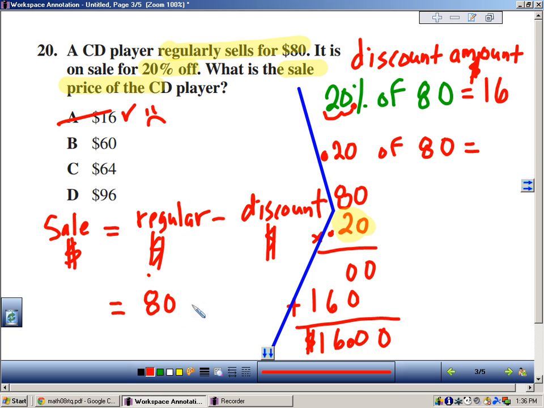I'm going to take away the $16 from $80. And that's $64. And that is our answer. C. So what is the sale price of the CD player? $64. Continue.